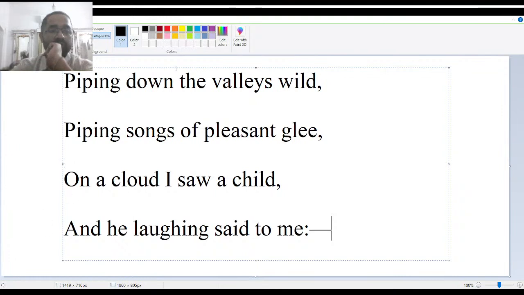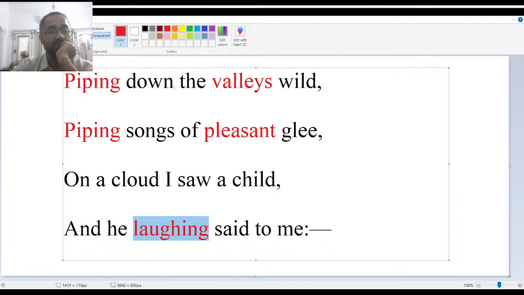So the multisyllabic words first. Piping, valleys is 2 syllables. Again, piping in the second line. Pleasant, third line. All the words are monosyllabic, and in the fourth line you have laughing.